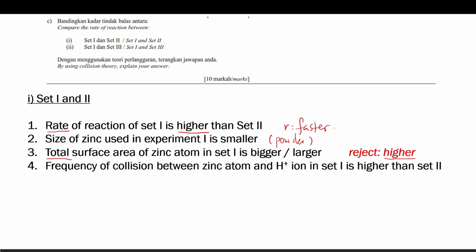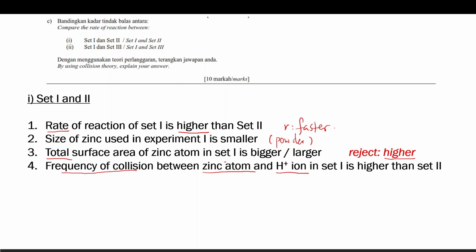Point number 4. Frequency of collisions between the particles. The particles here, you must know that it is between the zinc atoms because it's a metal, right? And then the hydrogen ions from the acid.